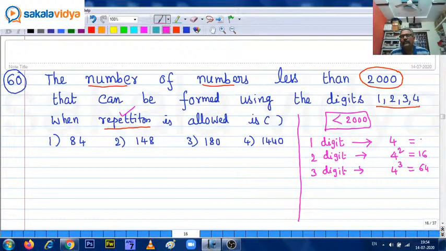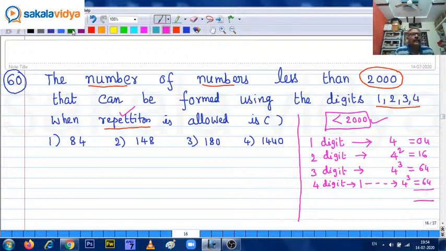Next, don't write all 4-digit numbers, because this condition is important. The 4-digit numbers must begin with 1, so the remaining 3 places can be filled in 4 cube ways, 64. Total we need to add, that's all.